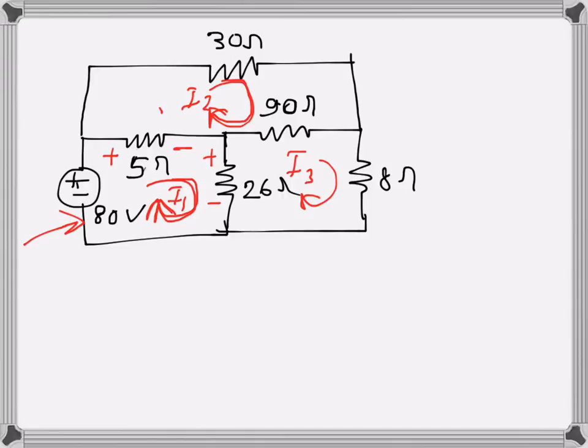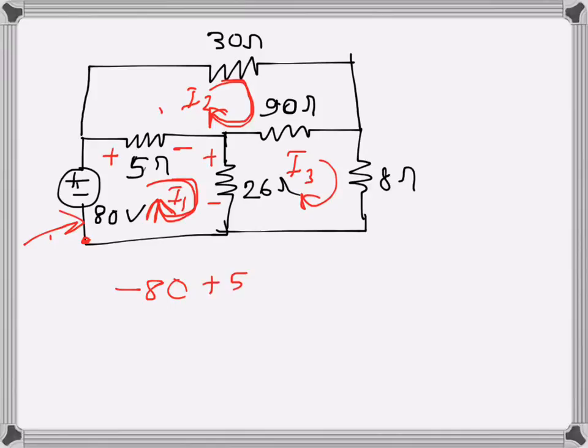For the first mesh, I will write the KVL. We are going from here in this direction, the clockwise direction. 80 volts is a rise, so I will write minus 80, drops as positive and rises as negative on the left-hand side.